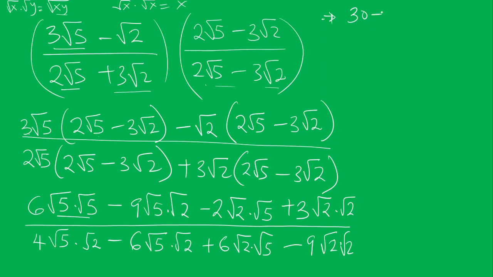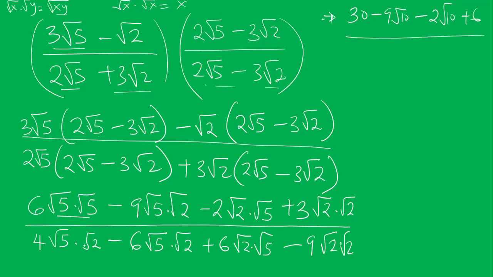So you have minus 9 root 10. Now the next one, you also have minus 2 times root 2 times root 5, which is root 10. So you have minus 2 root 10. Now here you have root 2 times root 2, which is 2. 2 times 3 is 6. So you have plus 6.